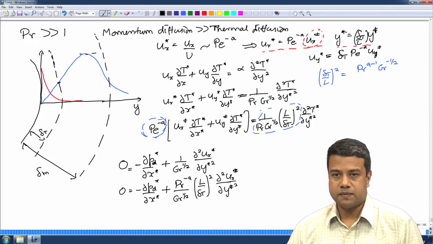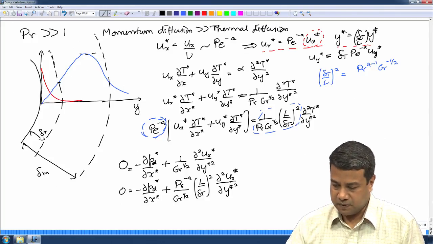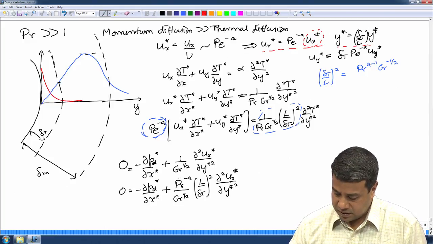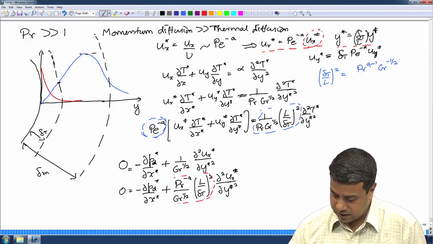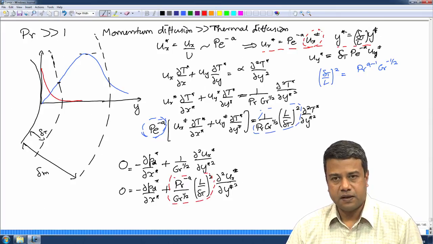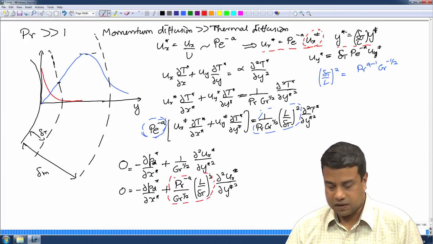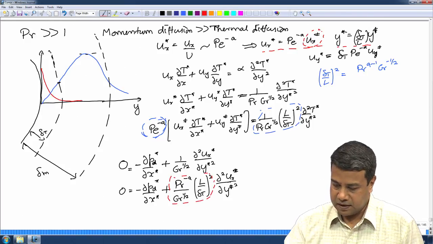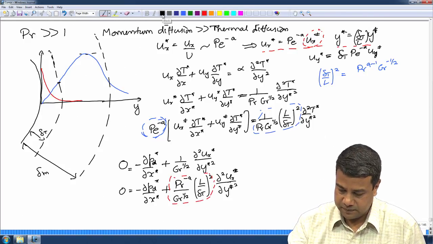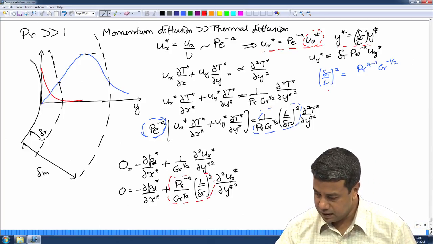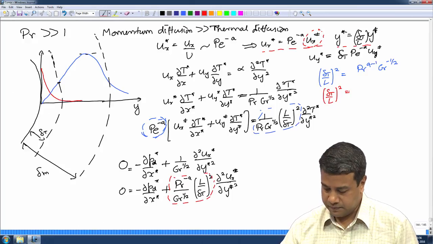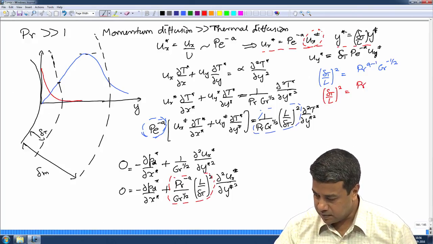And for the two terms in the momentum conservation equation to be of the same magnitude, I require that this whole thing be of order 1. I get a second condition for the thermal boundary layer thickness. So, the second condition is that delta t by L the whole square is equal to Pr to the power minus a into Gr to the power minus half.